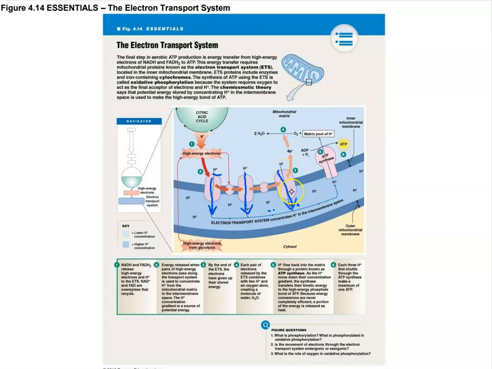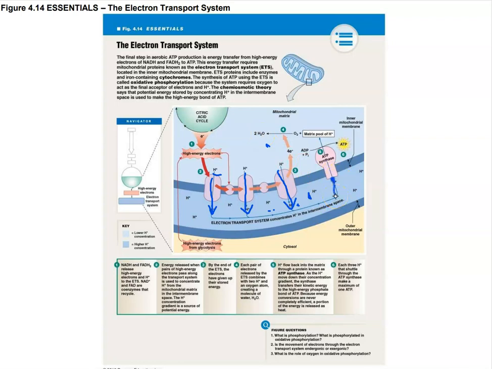And this costs us some energy, and the energy is provided by the flux of electrons going through this electron transport chain. So now our energy is basically in a concentration gradient. We have generated a huge concentration gradient of a lot of hydrogen ions in the space between these 2 membranes and virtually none in the interior of the mitochondria. And here it is.